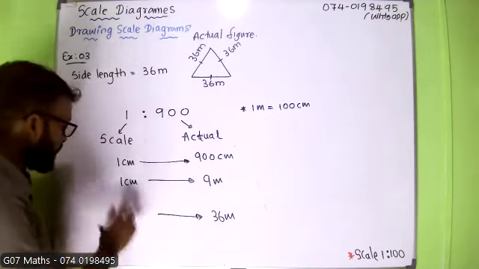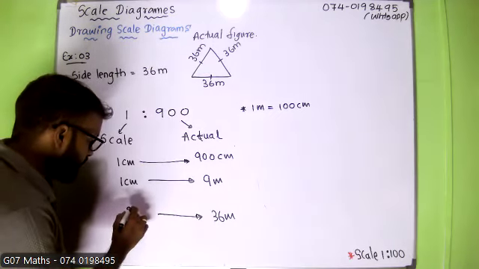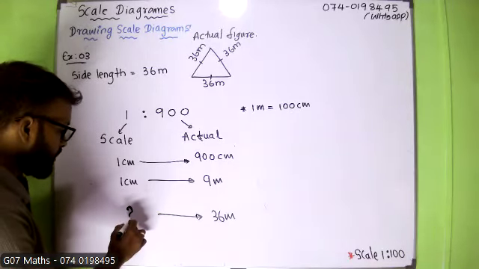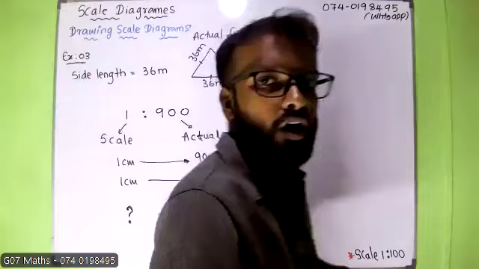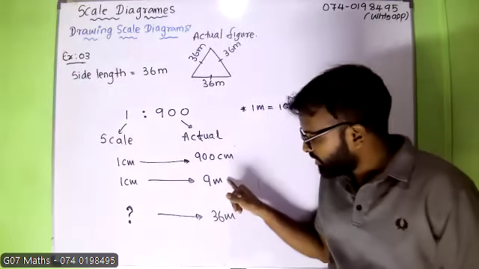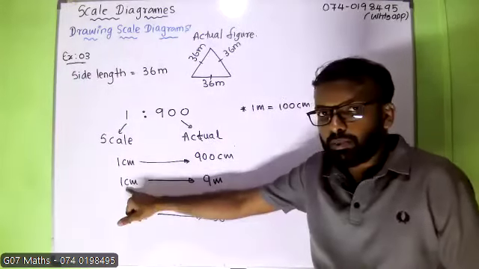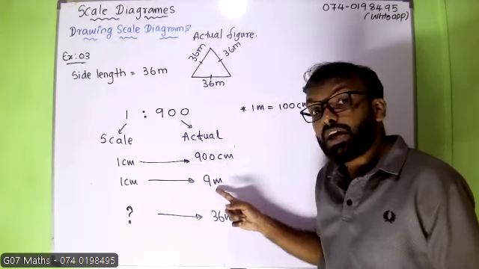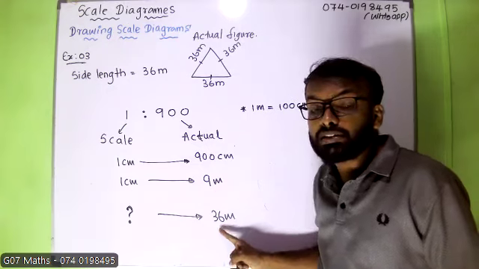We have to find the scale length. How are you going to do that? By using 1 centimeter, you are going to represent 9 meters. And by using this 9 meters, how do you obtain 36 meters?